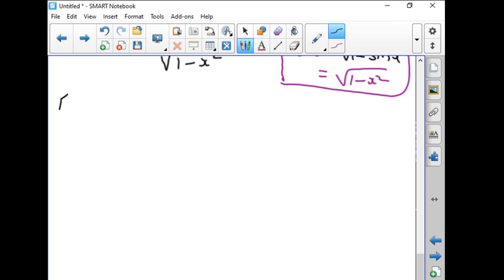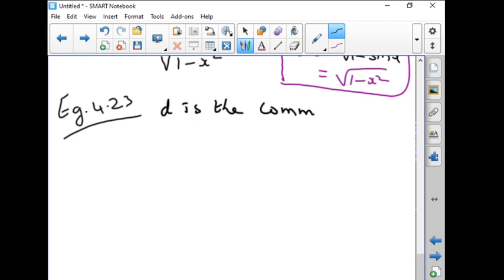Then example 4.23. If a1, a2, etc. up to an is an arithmetic progression with common difference d, then prove that. Okay, d is the common difference. So, when d is the common difference, what is d?